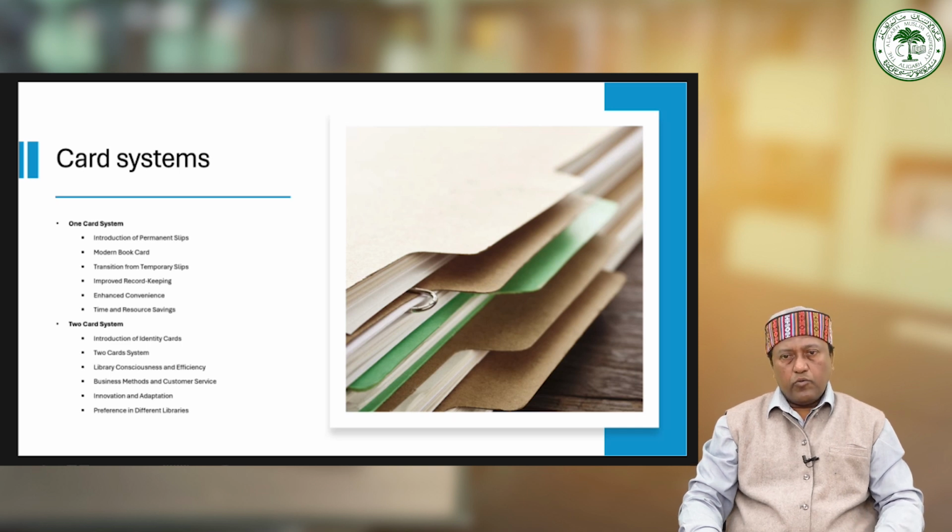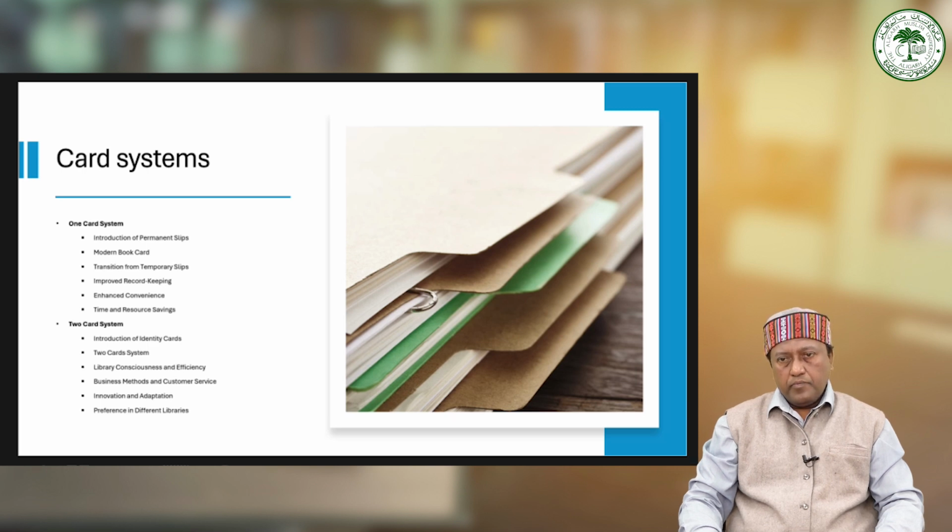So the one card system provided added convenience for both the library staff and patrons. Borrowers no longer needed to fill out temporary slips for each transaction, streamlining the borrowing process. Library staff benefited from the improved efficiency and accuracy of record keeping afforded by the permanent book cards.